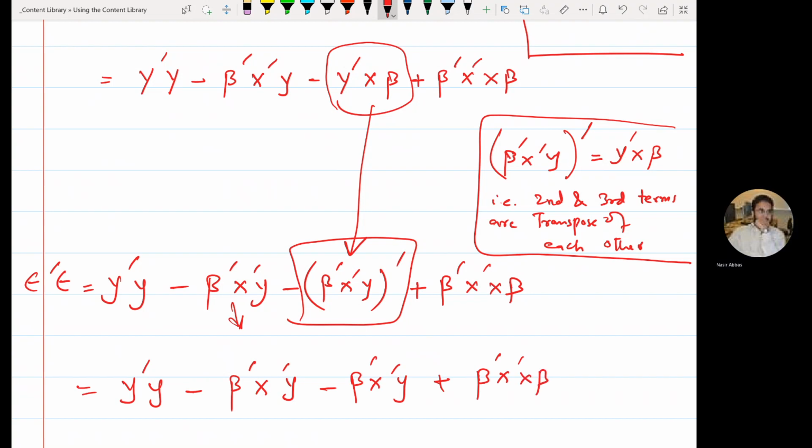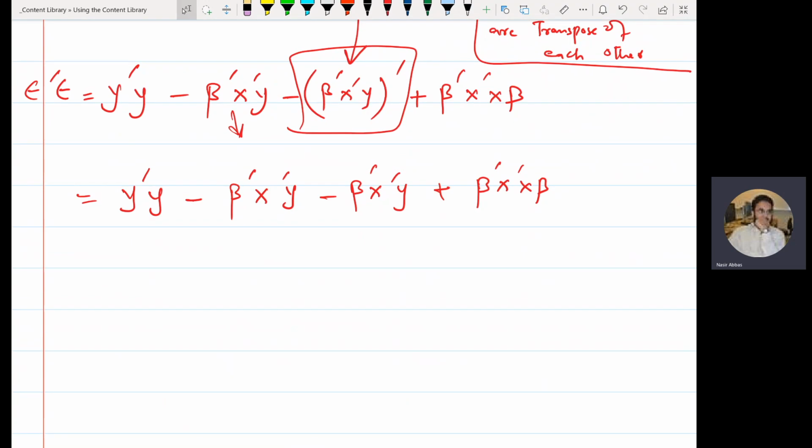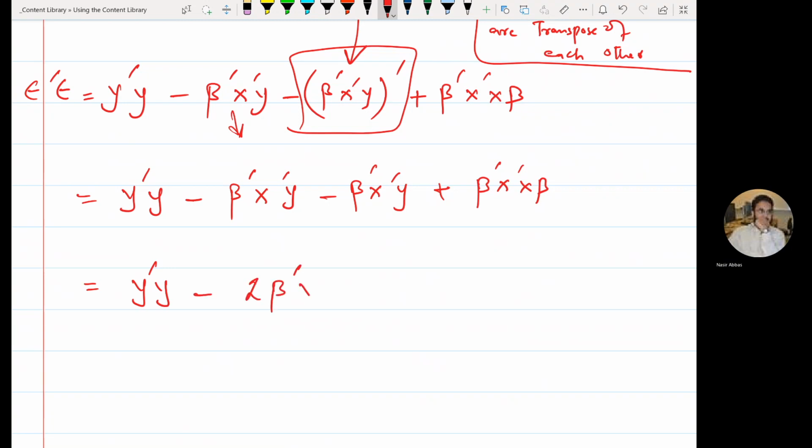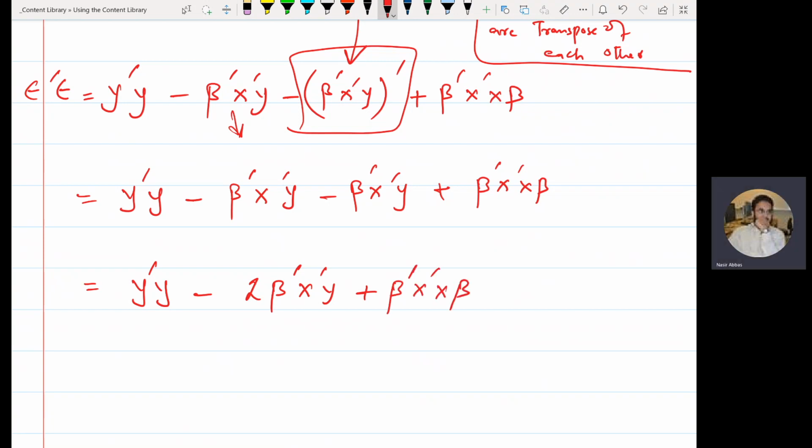Clear? Now the second and the third thing, they are same. So it will be 2 times beta prime x prime y. Now this is the final expression that we are going to differentiate.